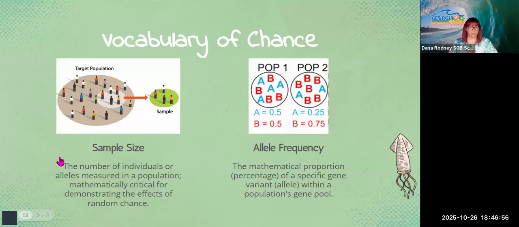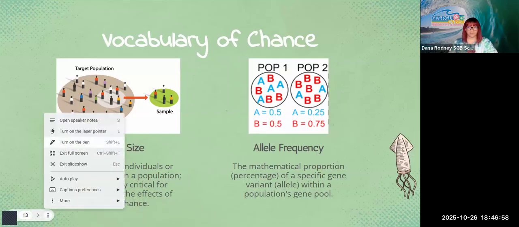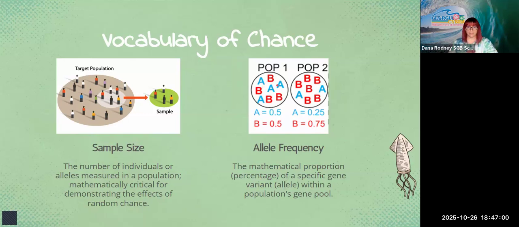If we look at this first population, we see four A's and four B's. Over here, we only see two A's and six B's. So that is just how many times that particular allele shows up in the gene pool.